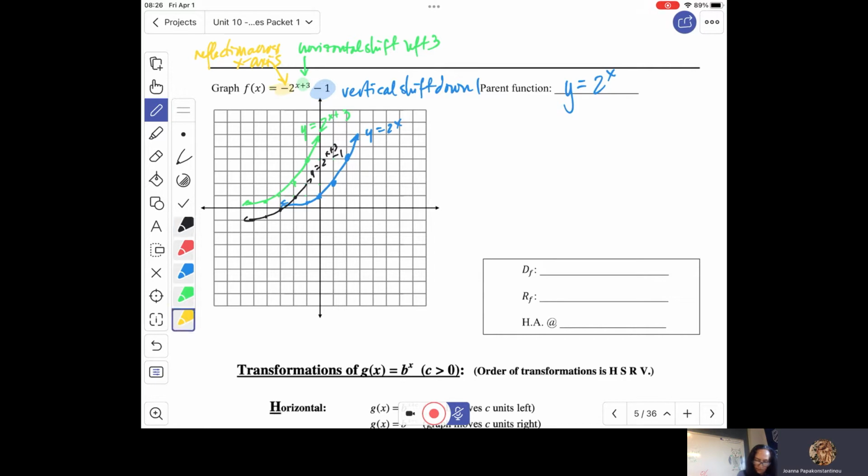And then last but not least, I'm going to reflect it. If I can see. So there's my f.